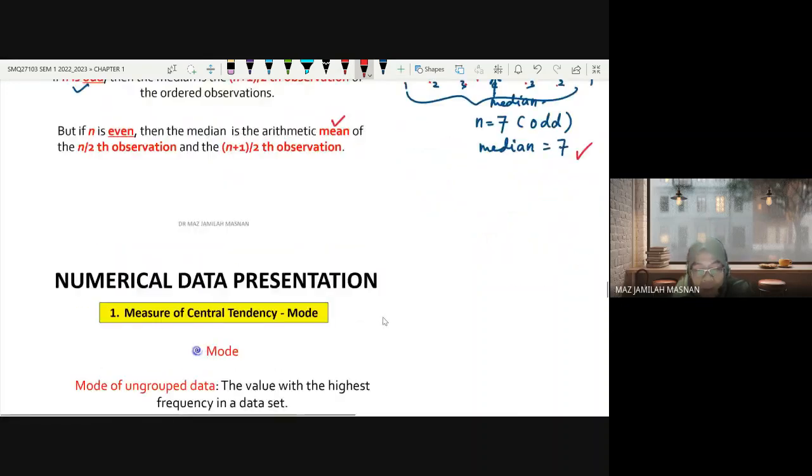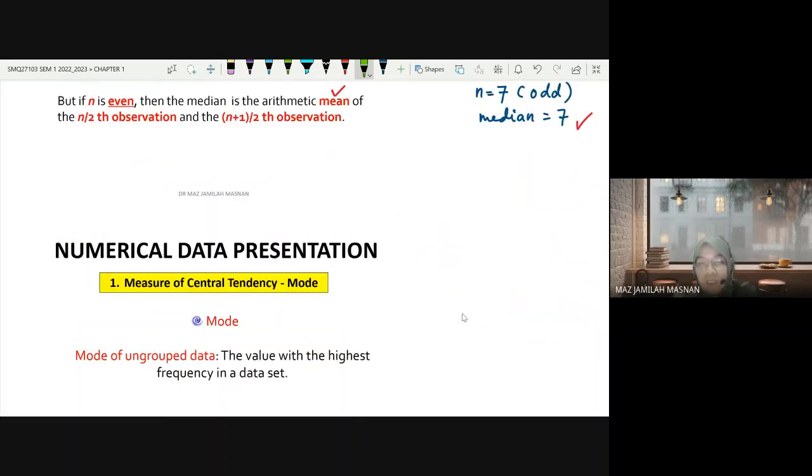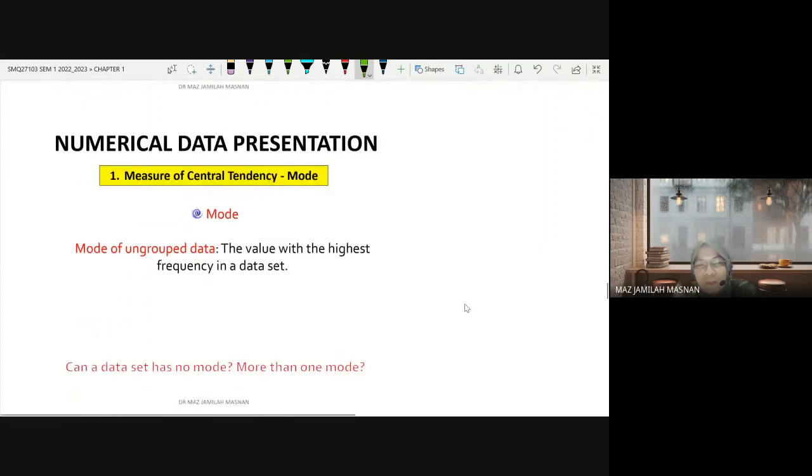Now, when we are talking about the median, class, still we are talking about the middle value, the number in the data set that is located in the center of your data. Now, let us look at the mode. What is mode?